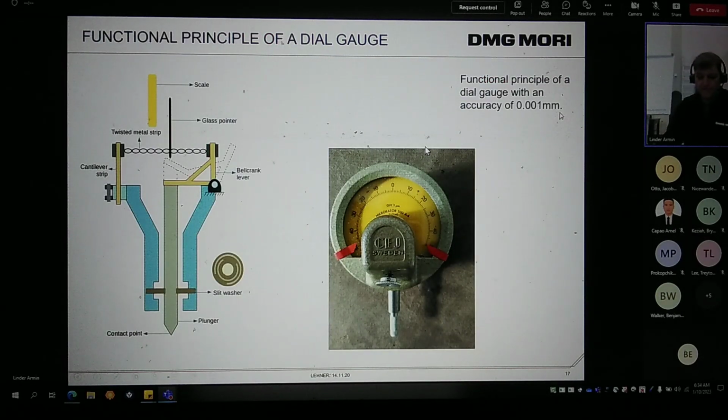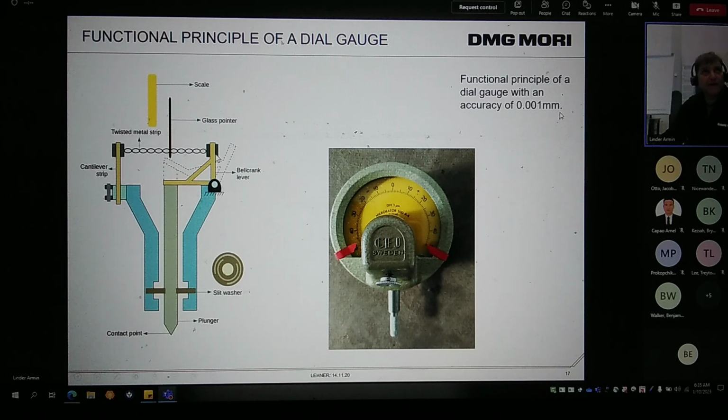The other thing is, if you have a dial gauge like that one, we call them micrometers. With micrometers you can measure 1 micron, and that's a different construction or design. The pointer in that one is lifted out with a twisted metal strip.